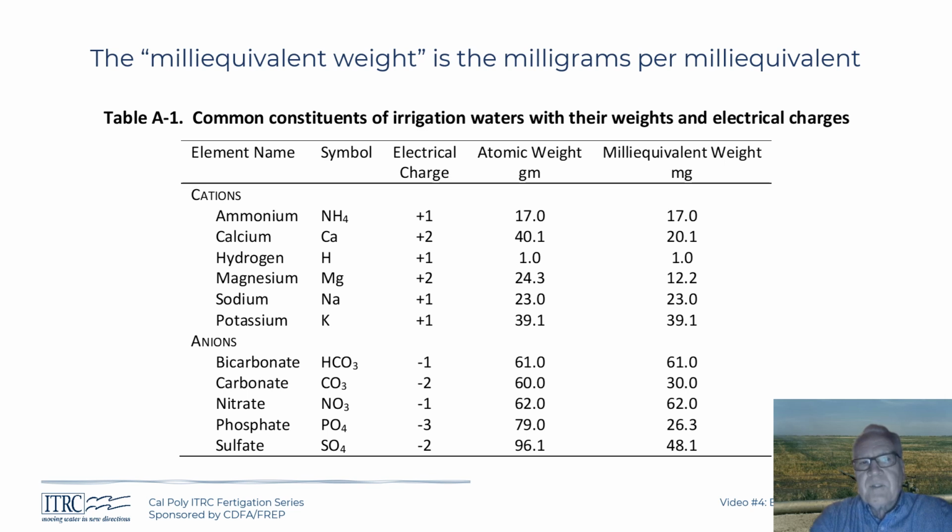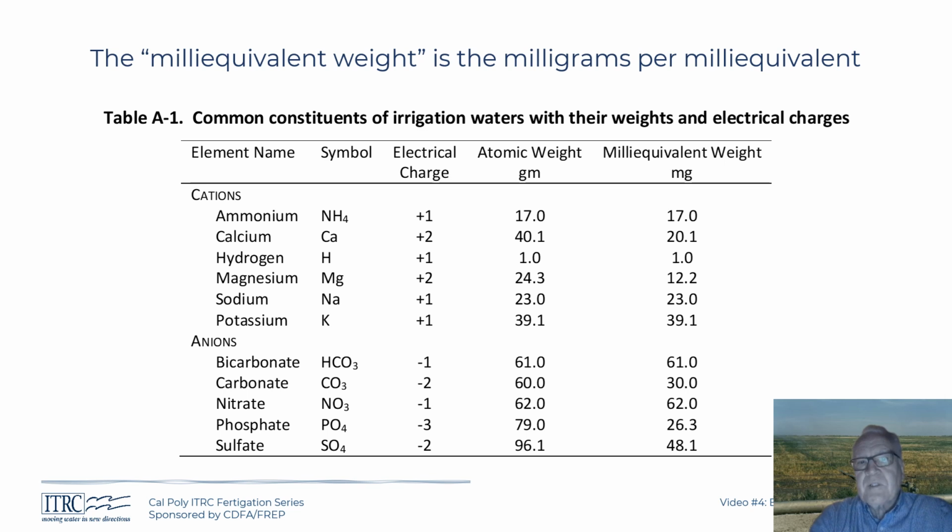Let's start with the ammonium up here. The symbol is NH4, and there's a positive charge, positive 1. If you take the 1 nitrogen and the 4 hydrogens, the atomic weight is 17. And then the milliequivalent weight is 17, that's the atomic weight, divided by 1, which is 17.